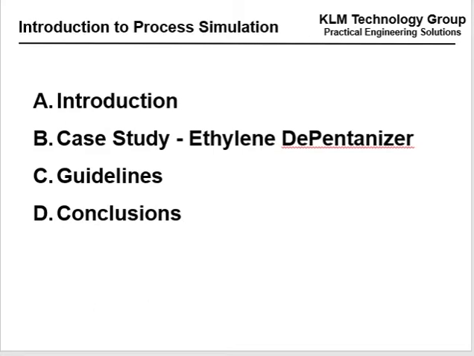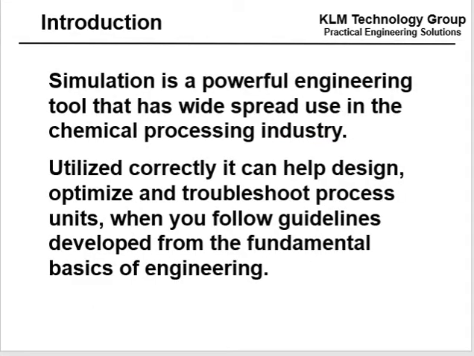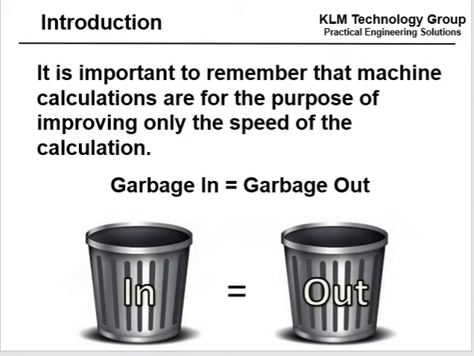Our discussion today, we're going to have some introduction, a case study, an ethylene depentanizer, some guidelines, and some conclusions. Simulation is a powerful engineering tool that is in widespread use in the chemical processing industry. Utilized correctly, it can help design, optimize, and troubleshoot process units when you follow guidelines developed from the fundamental basics of engineering.